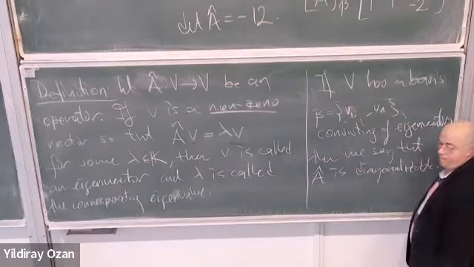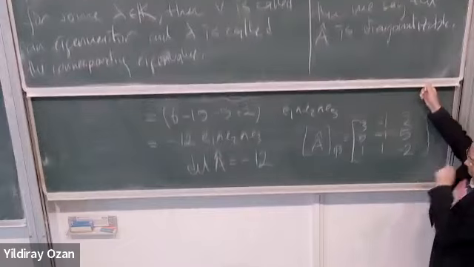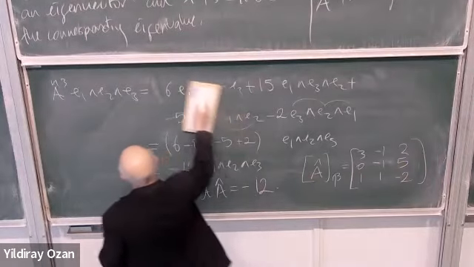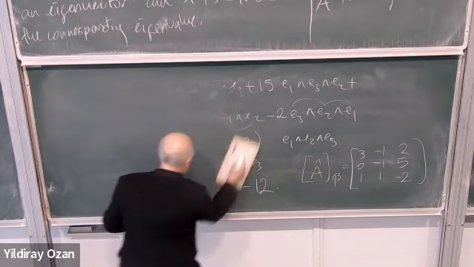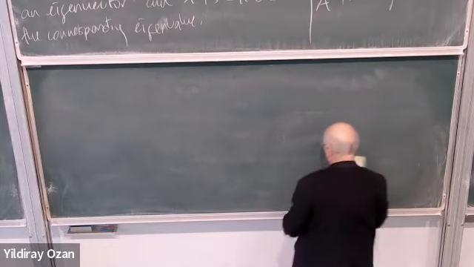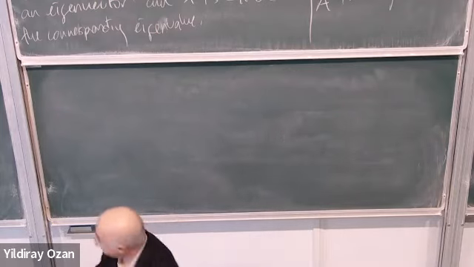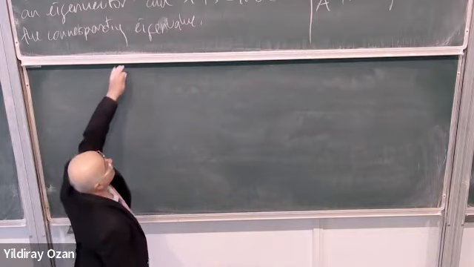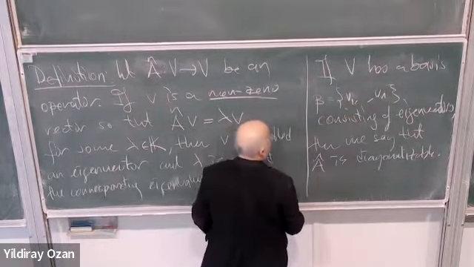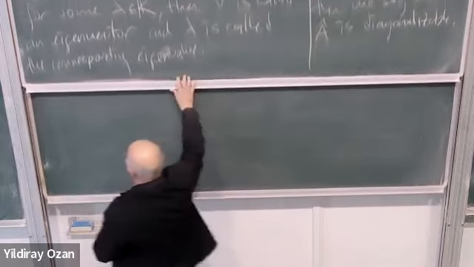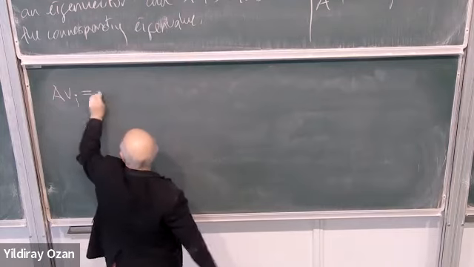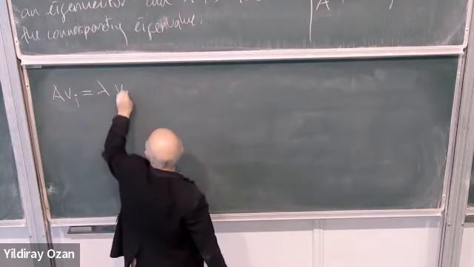Why is that? Well, it is because of the following. Since these are eigenvectors, A Vi is just some scalar times Vi.